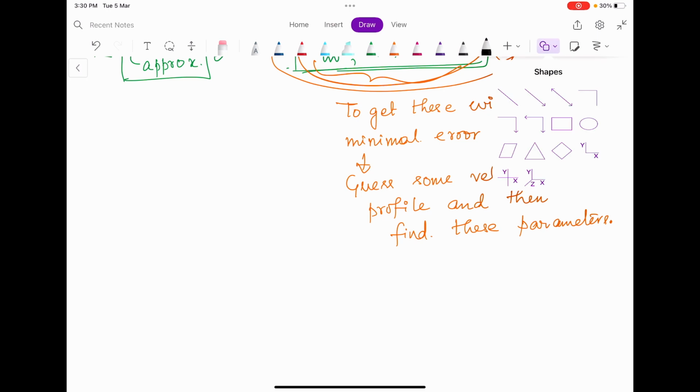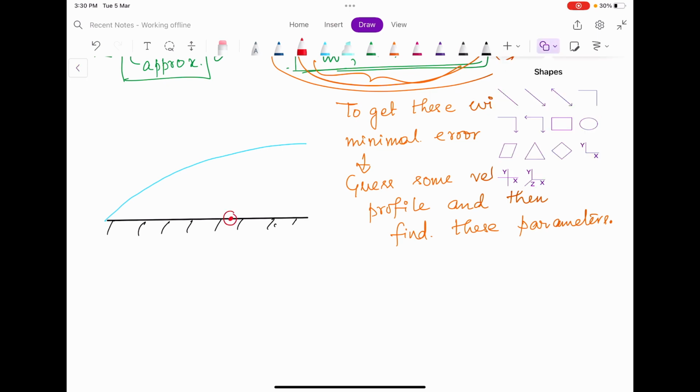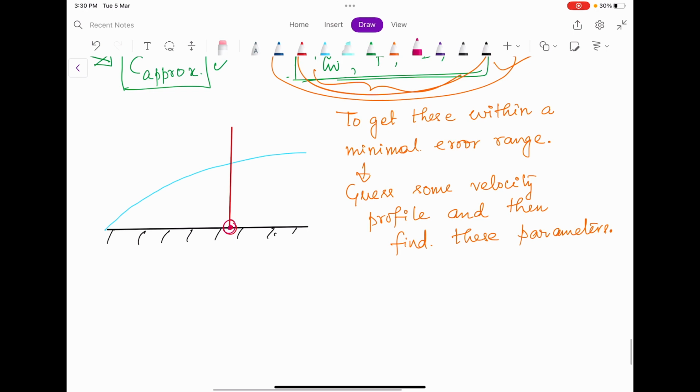So I was having my plate here, okay, and the fluid was flowing over the plate, forming a boundary layer like this. Now I know the boundary condition here and boundary condition at the edge of the boundary layer. So let me draw a section here. So I know the boundary condition here at the plate and at the edge of the boundary layer.